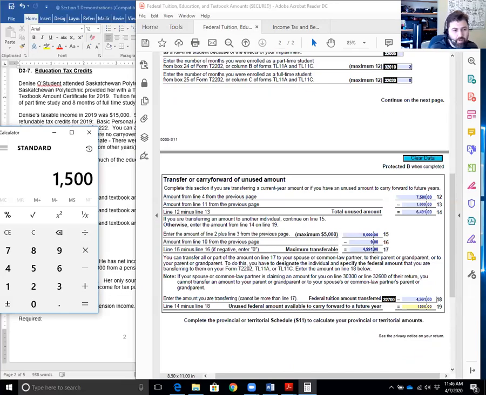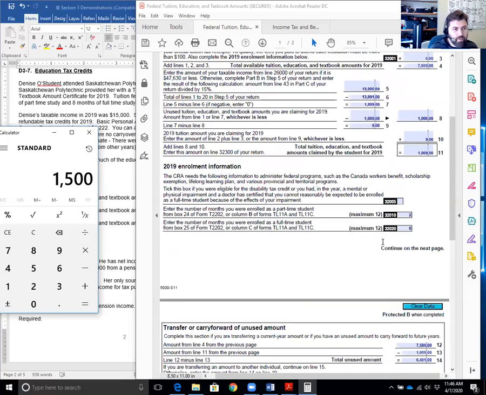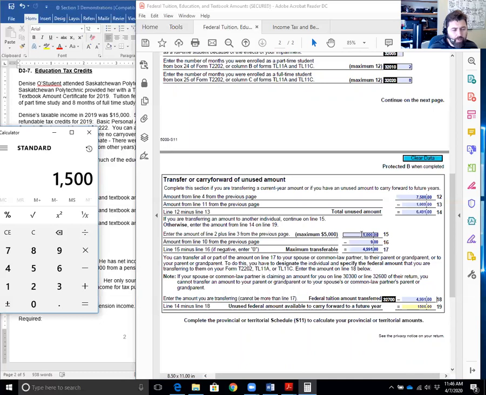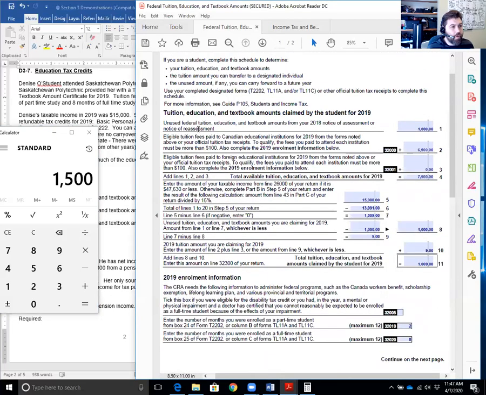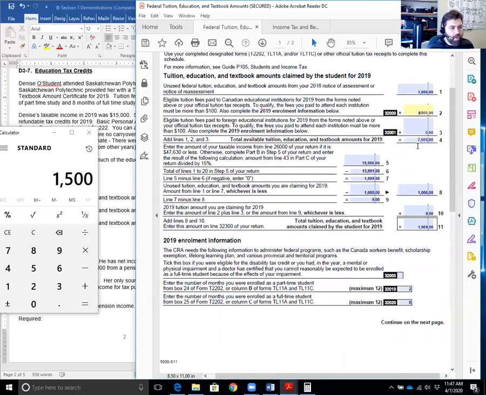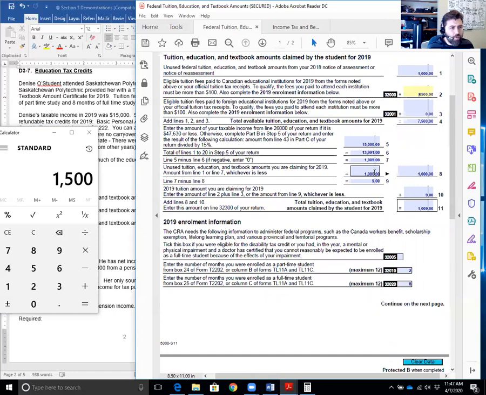Okay, so what this illustrates is you can only transfer amounts from the current year to your chosen person for their tax return in the current year. You can't transfer these carryover amounts to them, but this reduces how much you had to use.